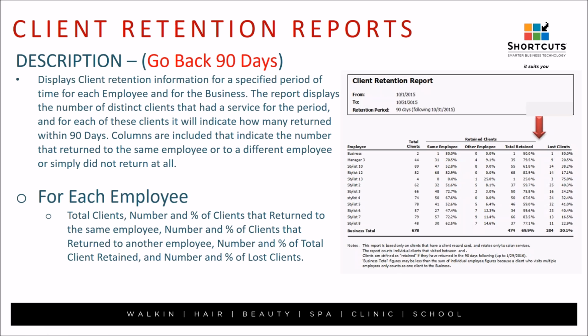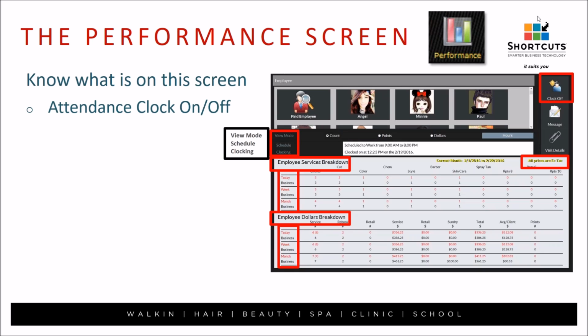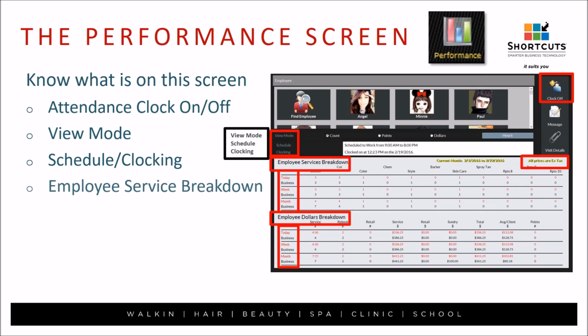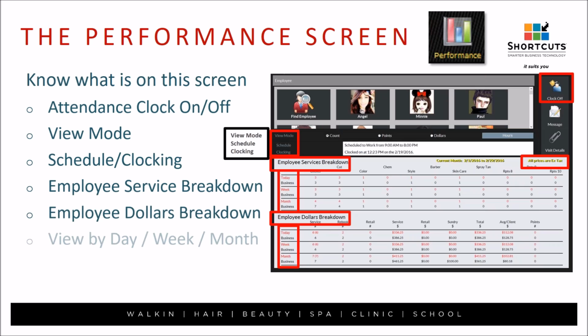You'll also find that underneath employee, the performance screen. So let's just take a look at this screen here. What you need to know on this screen is basically where the employees can come and check how they're tracking for the week, the day and the month.